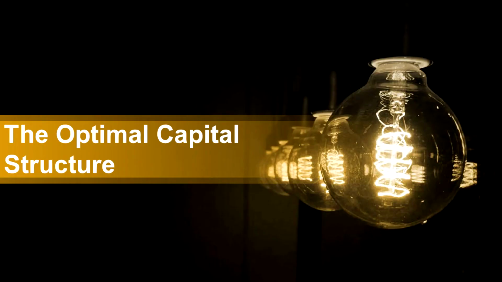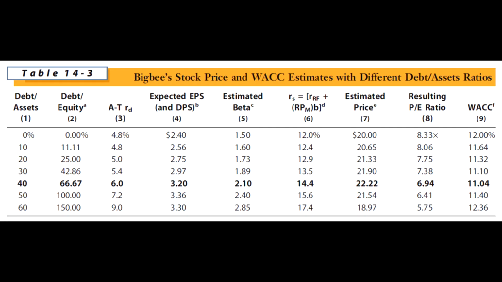The optimal capital structure. Going back to table 14-3, currently it has no debt, so its debt ratio is 0, and its WACC is equal to R sub S, which is 12%. As Big B begins to substitute lower cost debt for higher cost equity, its WACC declines.